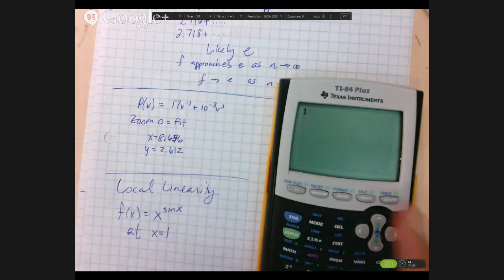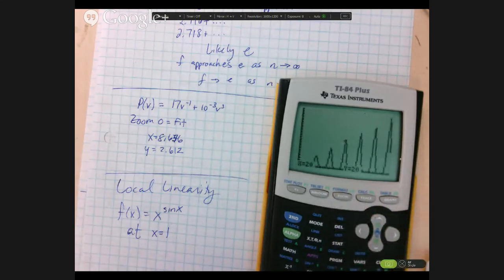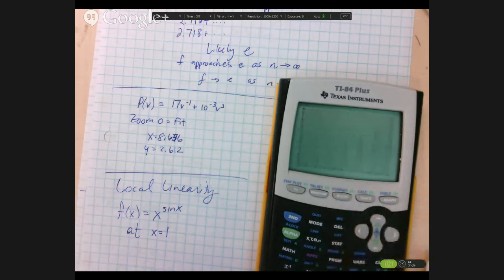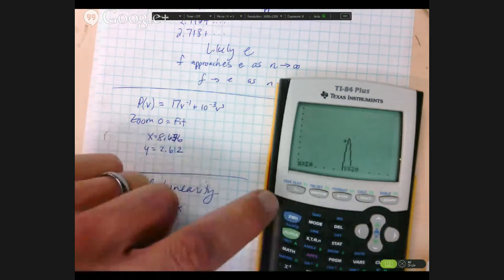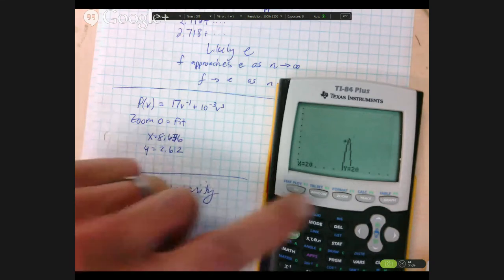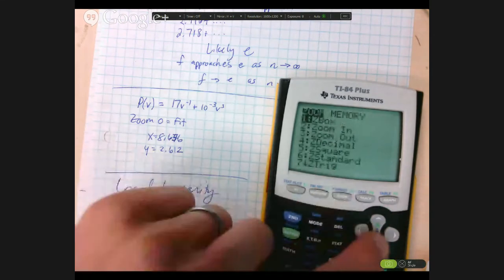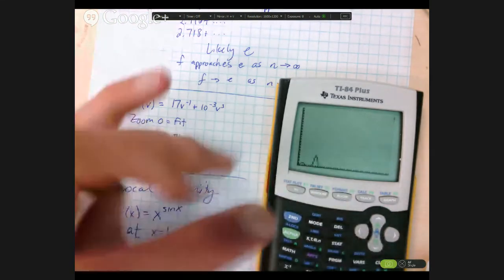Oops. Zoom. That's not working. Let's see what that did for me. Not what I wanted. Zoom out. I just moved the zoom tracer.